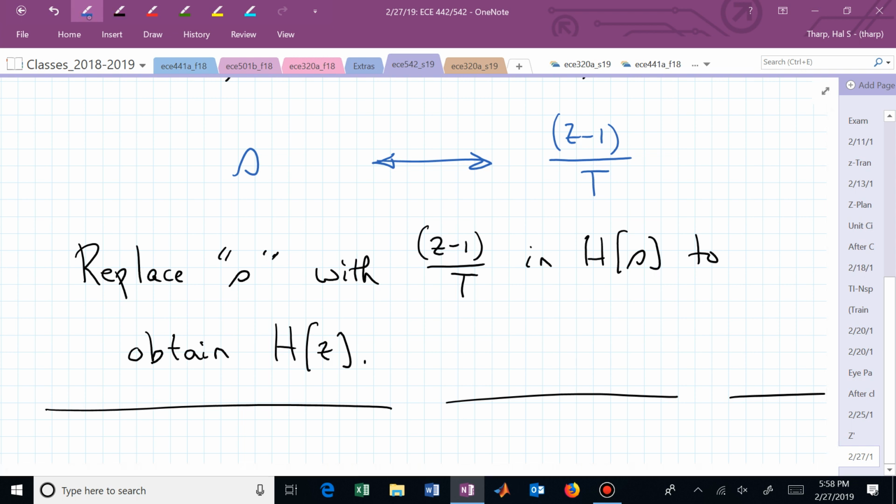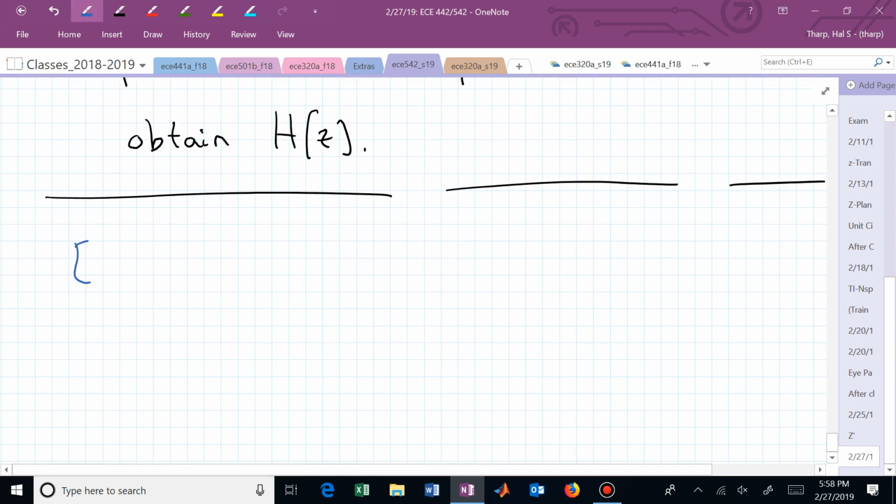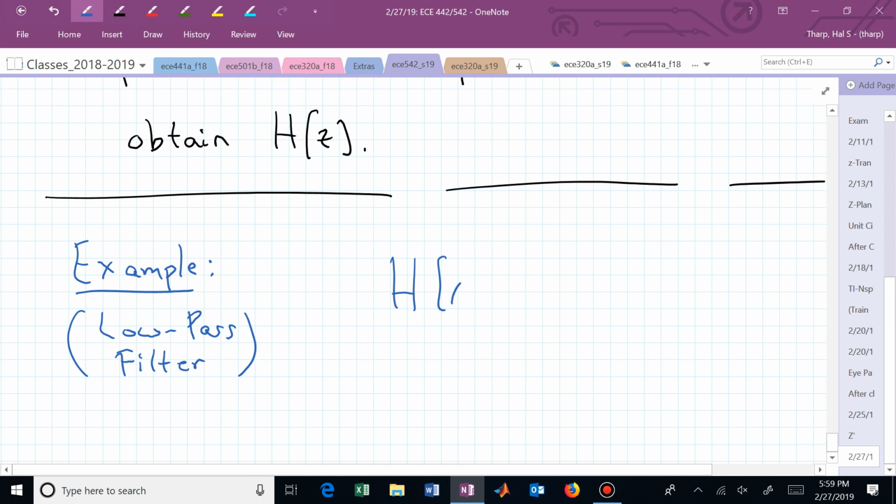Let's just look at a very basic example of this. Suppose that for an s domain transfer function, let's look at a low-pass filter. We know the characteristics of a low-pass filter. Suppose we now say that H of s is a over s plus a.